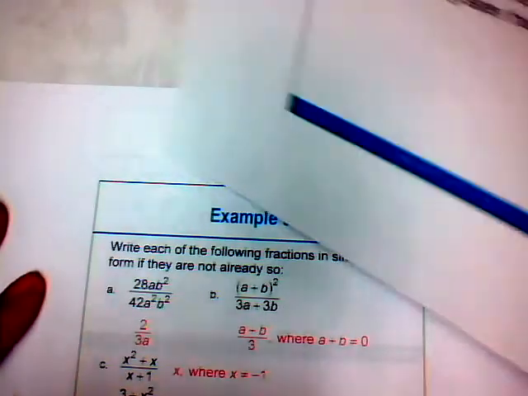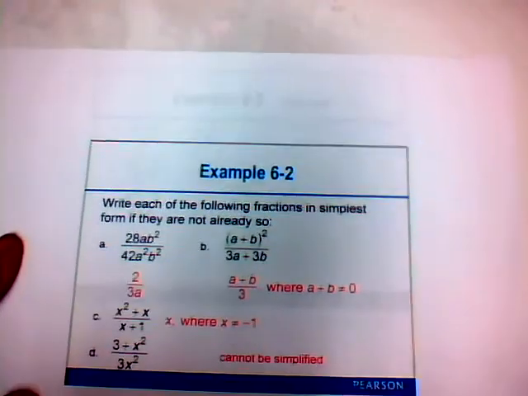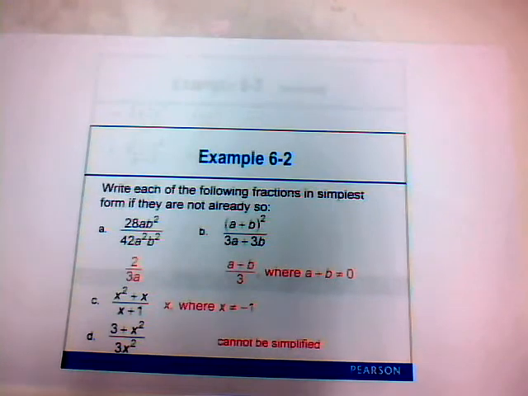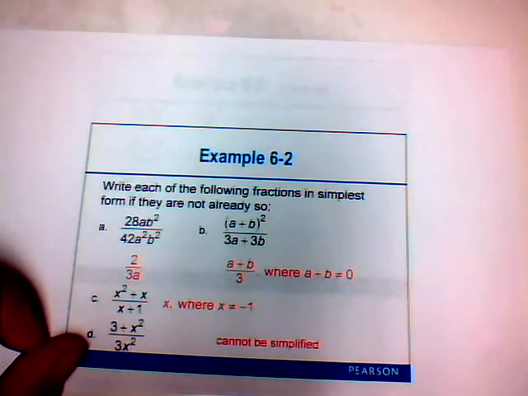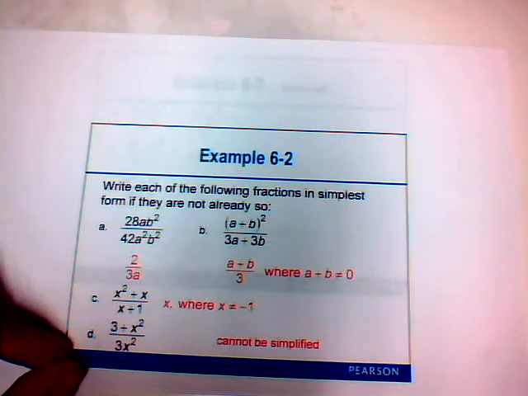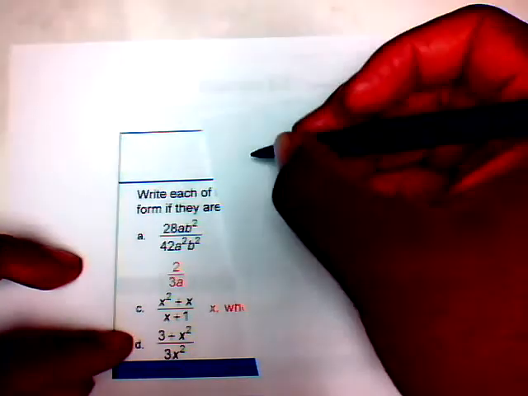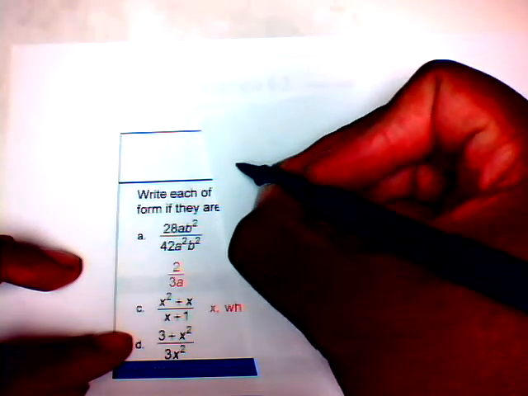And we're going to look at some examples that deal with writing fractions in simplest form, if they're not already done so. Here in part A, you've got 28ab squared divided by 42a squared b squared. Okay, now I'm going to go through this one with you so you can see how this is done.